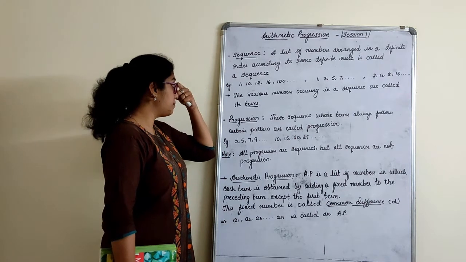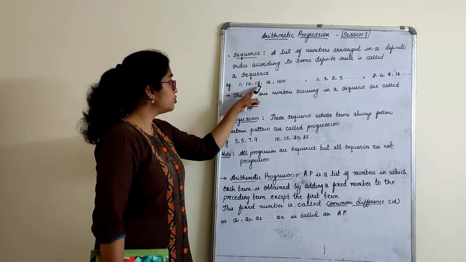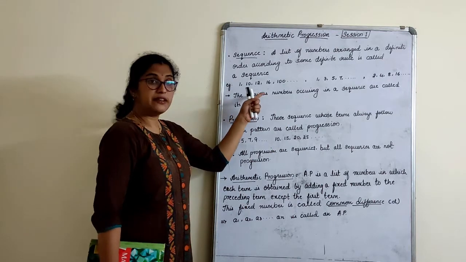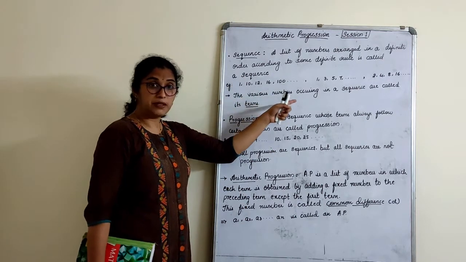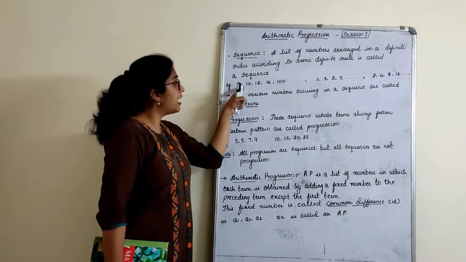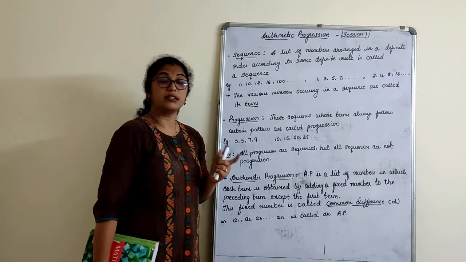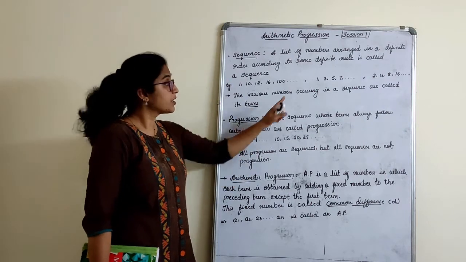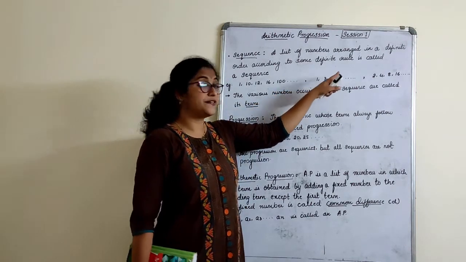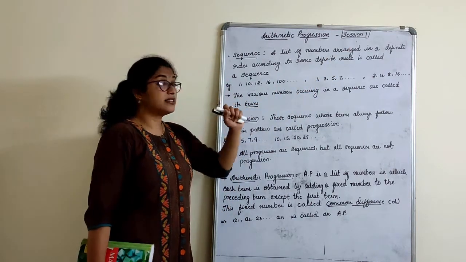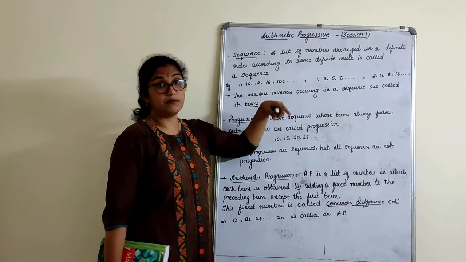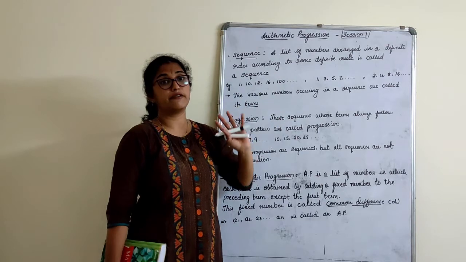Now look at some examples here. 1, 10, 12, 16, 100. What do you feel? This can't be even numbers, this can't be some multiples, right? But if you see, are these arranged in ascending order? Yes, it has some rule, arranged in ascending order. Look at this: 1, 3, 5, 7, dash, dash, dash. You can see these are the first few consecutive odd numbers, right?